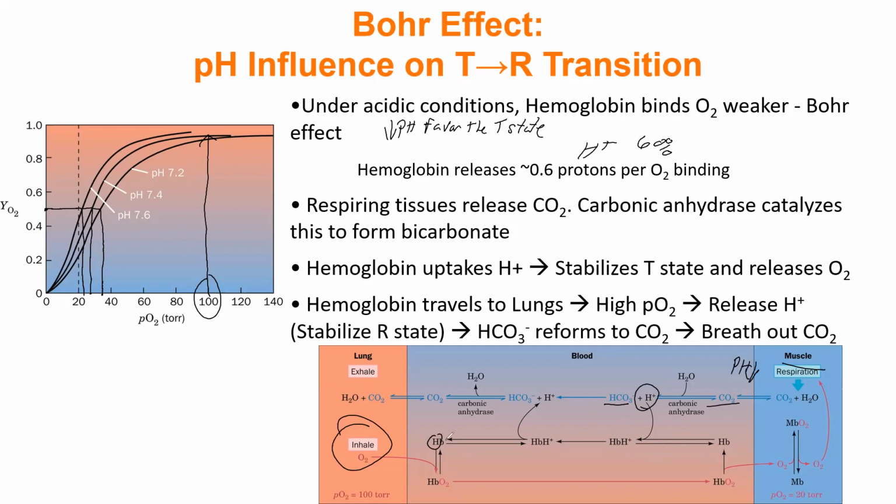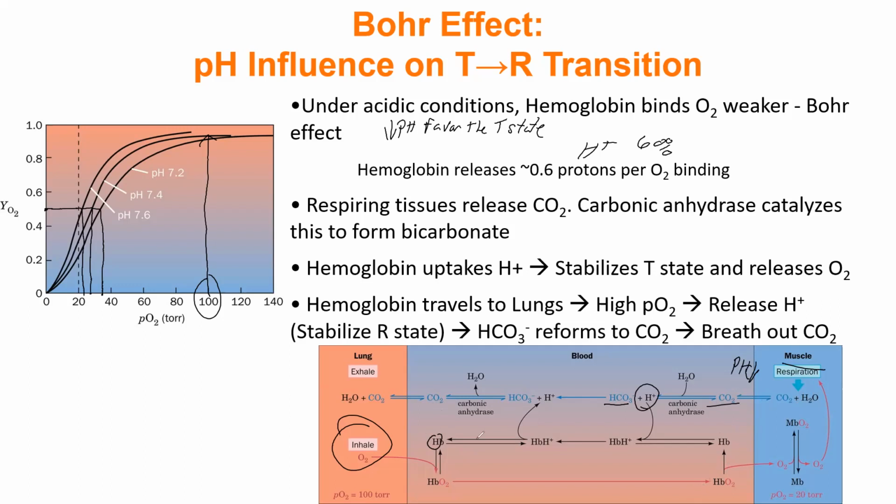All right. Then this proton will actually bind to hemoglobin, and hemoglobin does not have any oxygen, so it'll go back to the lungs to pick up new oxygen. At the lungs, you also have carbonic anhydrase, and this will change your carbonic acid back to carbon dioxide at the lungs, and you breathe out carbon dioxide, and that's how you get rid of carbon dioxide from your muscles, and at the same time deliver oxygen to your muscles.